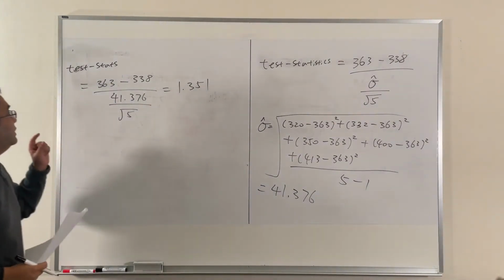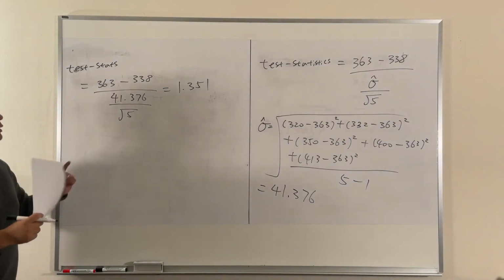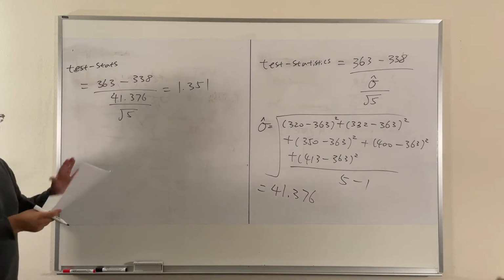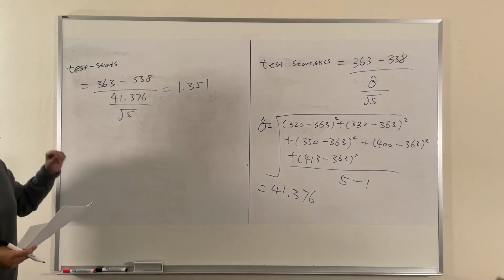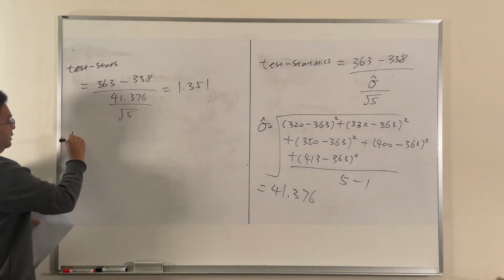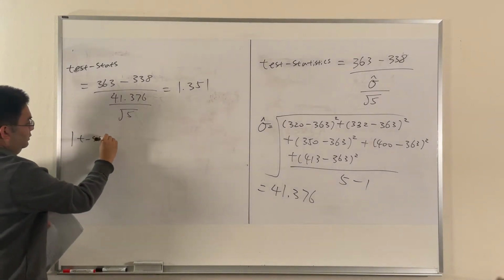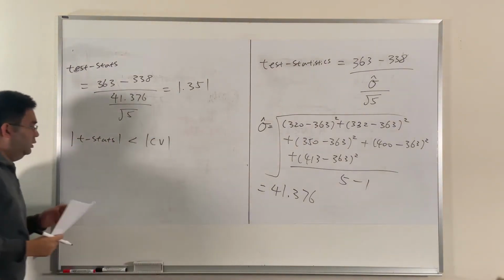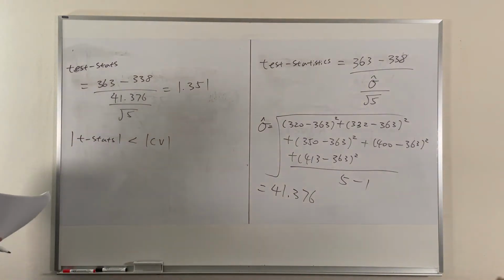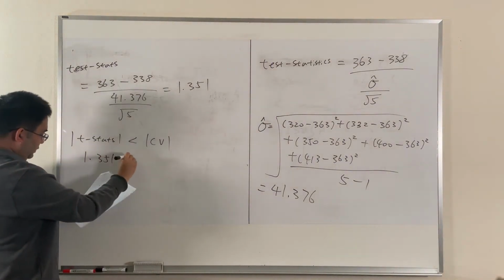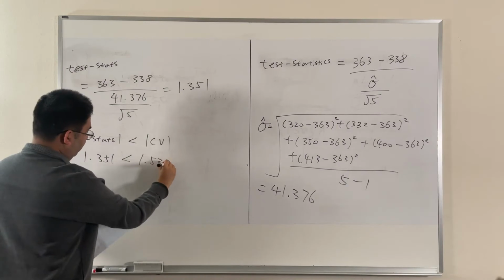Okay, and that's our test statistics. Then we do the same thing as what we did in our z-test. We compare this value to our critical value. In this case, our test stats is less than our critical value, right? It's 1.351, it's less than 1.533.